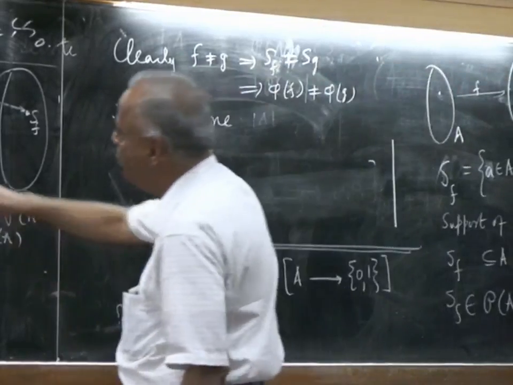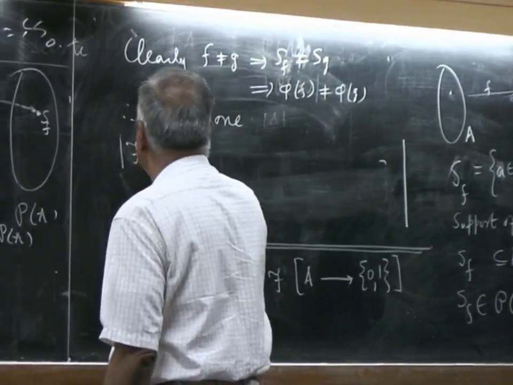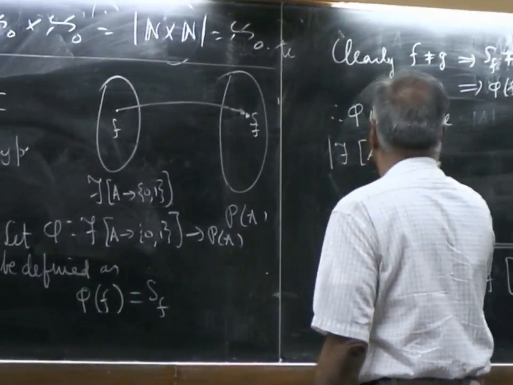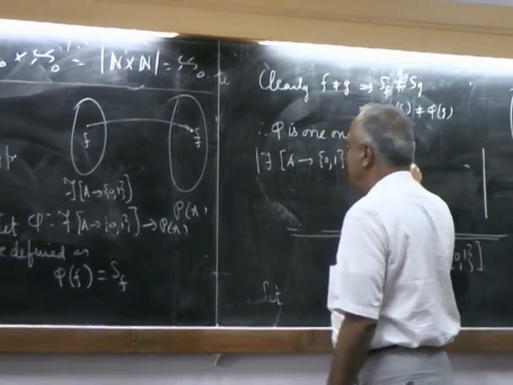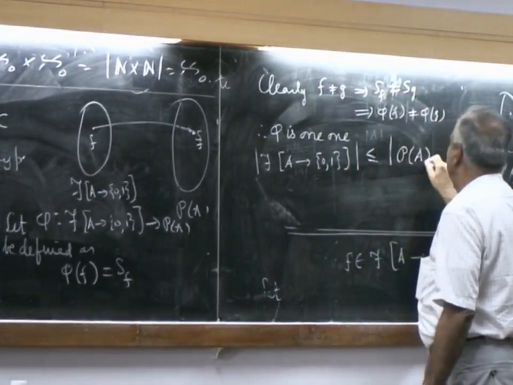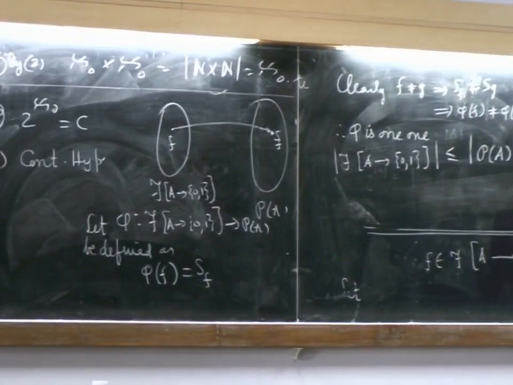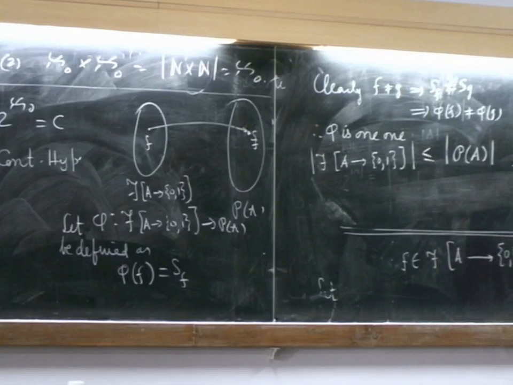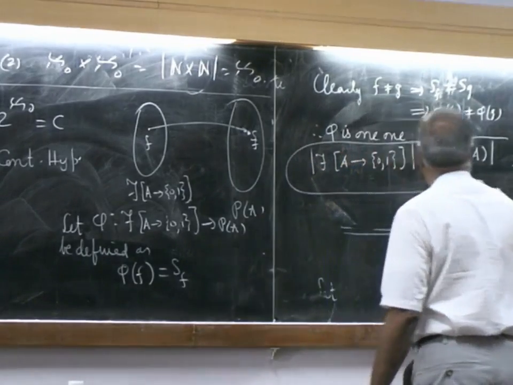If we have a 1-1 mapping from here to here, the size of this must be less than or equal to the size of that. Whenever you have a 1-1 map from here to here, that set has at least as many elements as this. That is the first thing that we got.